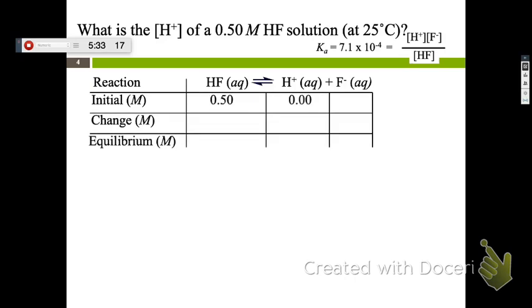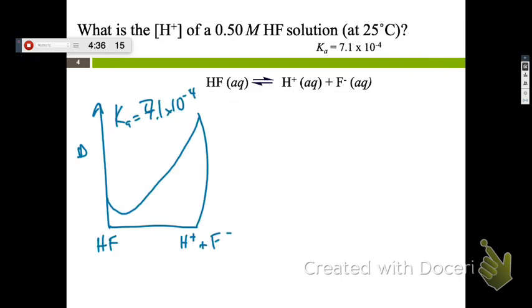are 0.50 molar, 0, and 0, where are we on this diagram? Where is our Q? Our initial Q is all reactants, no products. So we know that in order to get to equilibrium, we have to use up some reactants and generate some products.